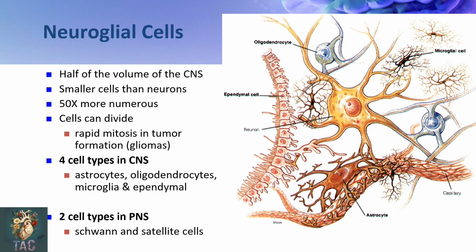So in this diagram you can see these are first the ependymal cells which are lining the fluid filled spaces in the central nervous system. This is the oligodendrocyte which is forming the myelin sheath in the central nervous system. These smaller cells are the microglia, and this is the neuron, and this cell is the astrocyte which is present either in close relation to blood vessel forming the blood brain barrier, or in close relation to the neurons, maintaining its metabolic environment.